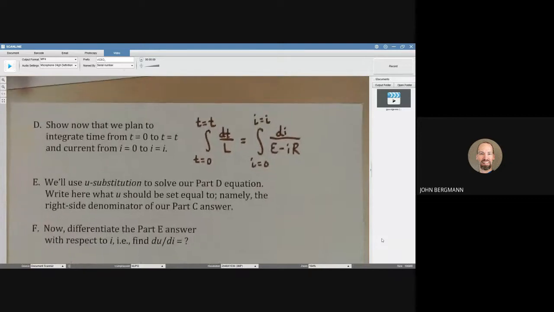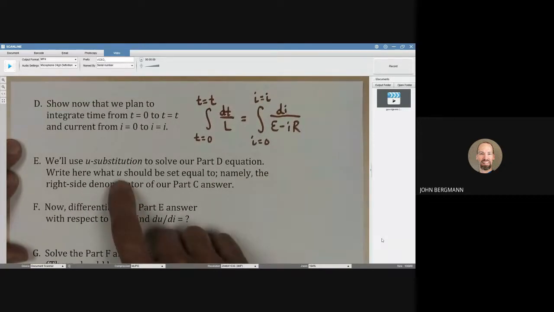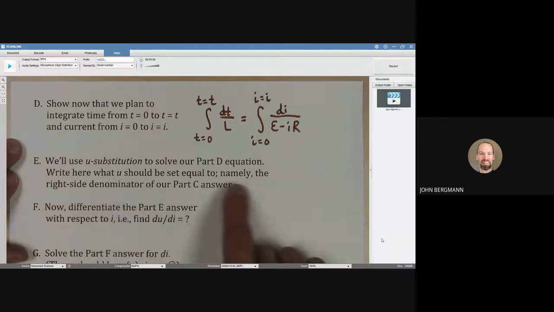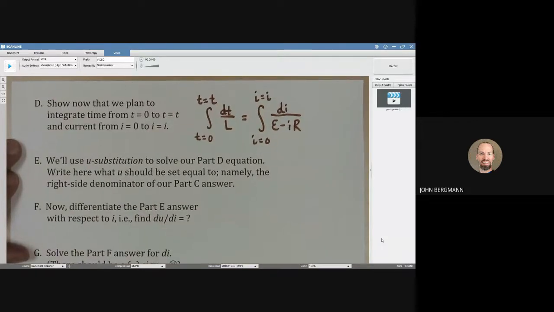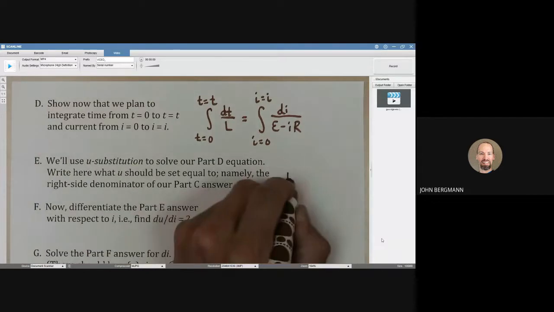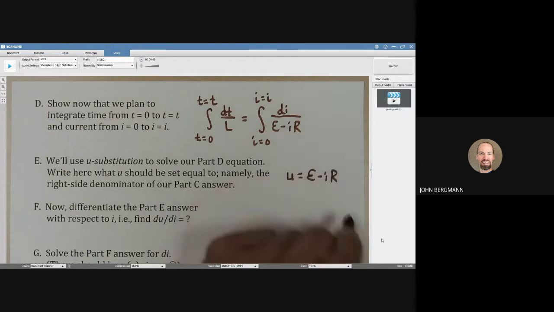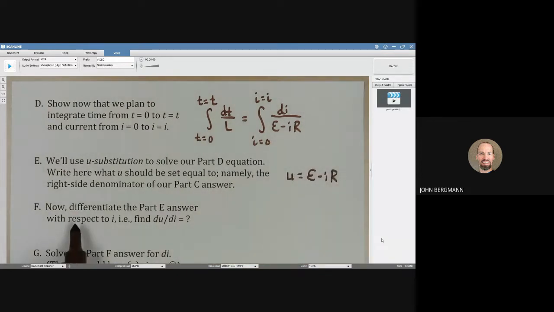Now we're going to use u substitution to do this. We want to write what u is equal to, namely the denominator of our part C answer, which is also right here. u is going to be E minus iR. Now we want to differentiate that with respect to i.